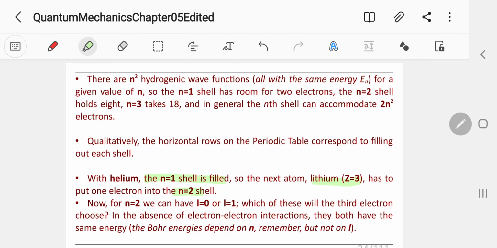Wherever the third electron is put, l equals 0 or l equals 1, it has the same energy, because the Bohr energies depend on n, not on l. So which l would the third electron choose?